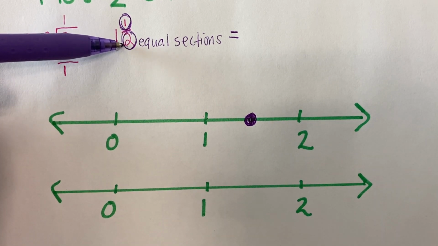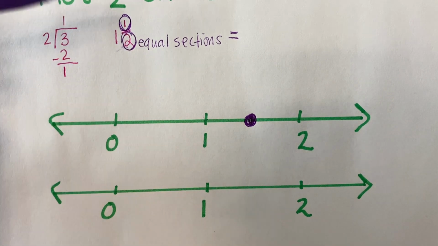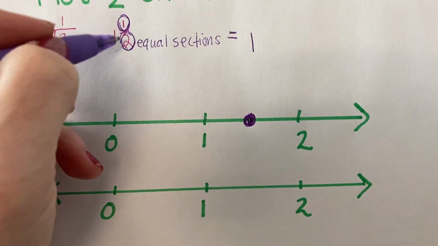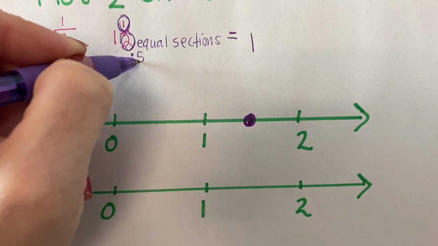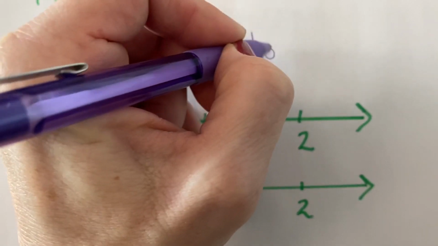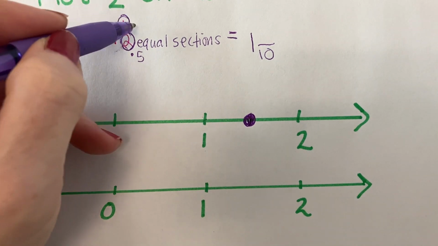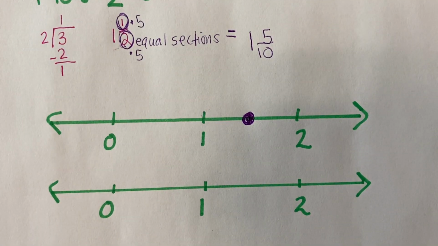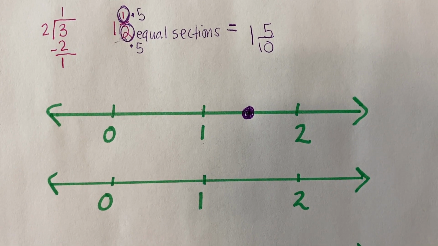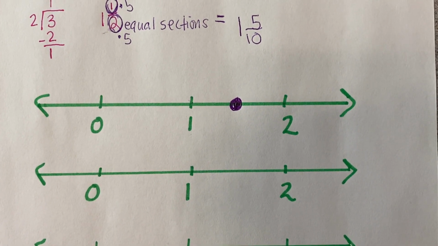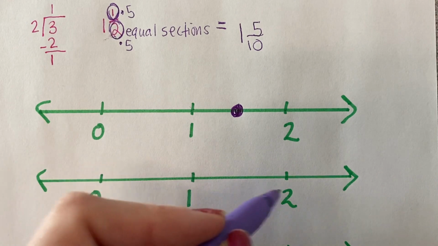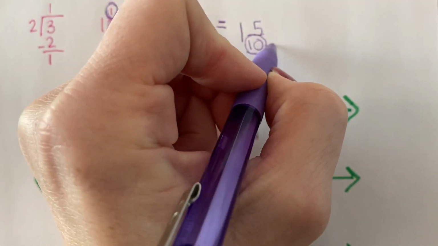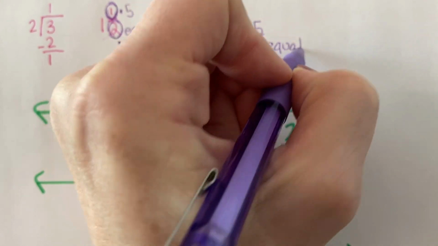So since we can turn a 2 into a 10 by multiplying by 5, if we multiply 2 times 5, we're going to get tenths. And then 1 times 5 would be 5. So 1 and 5/10.